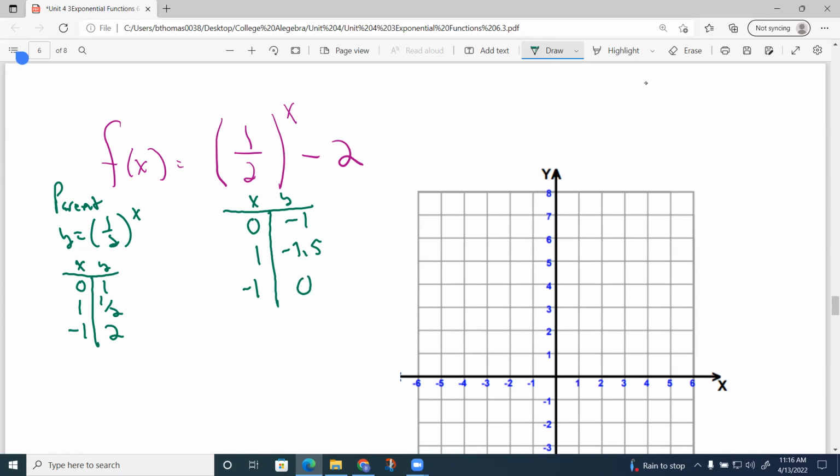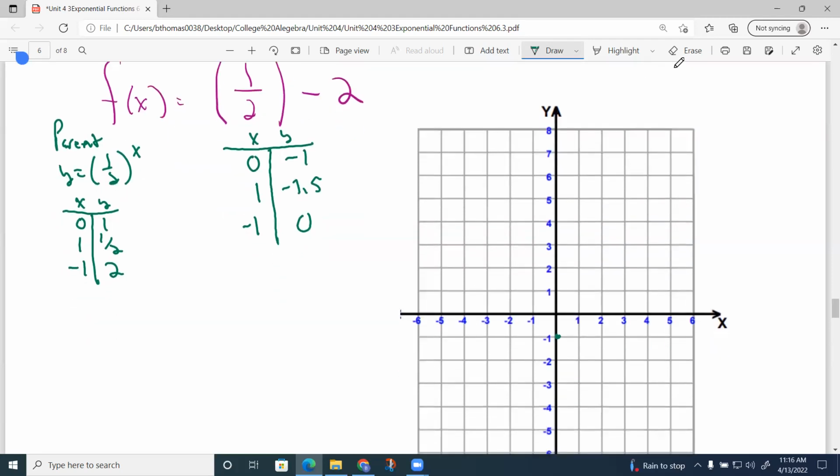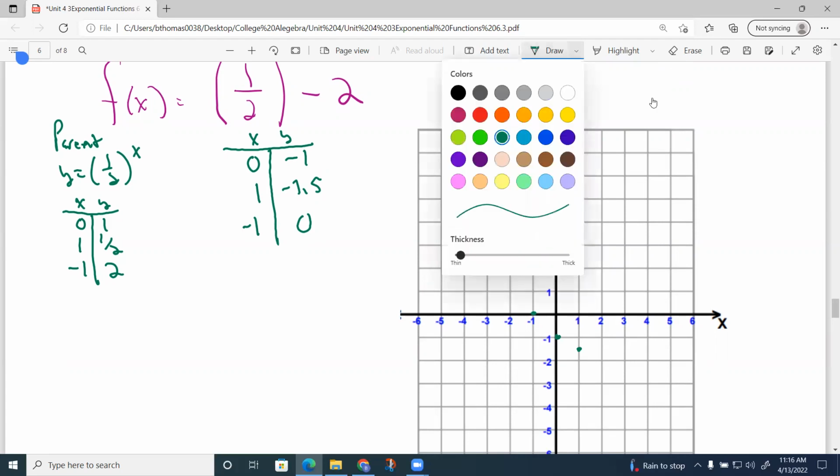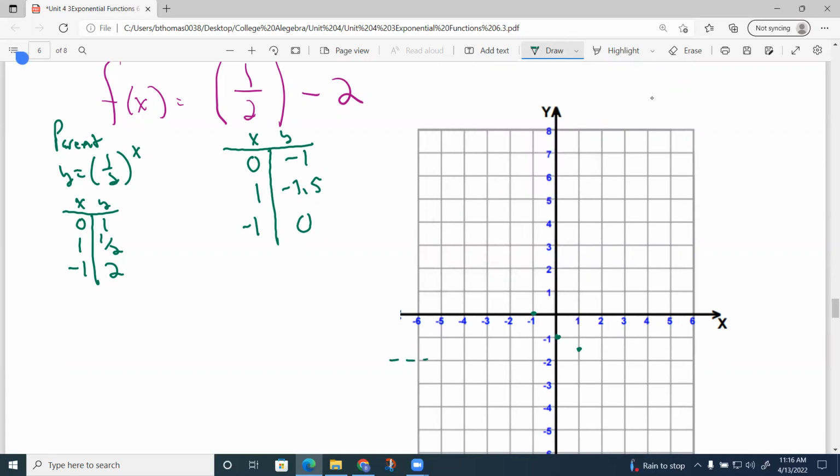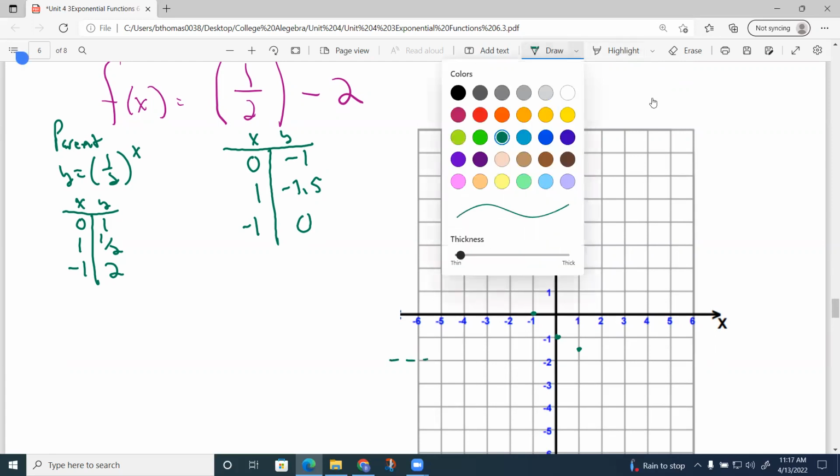So 0, -1. Let me get a little bit more of the graph here. 1, -1.5. And -1, 0. So notice how it really kind of still mirrors the original parent function, except now my horizontal asymptote has actually been moved down.